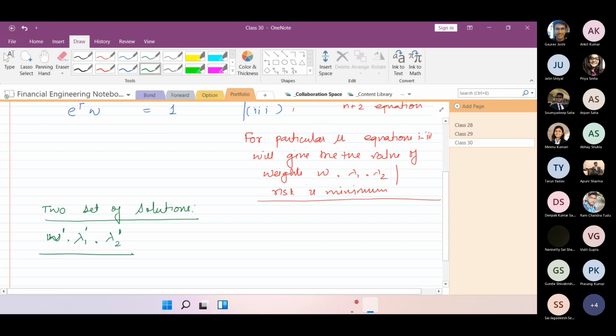So this is the first solution. So W1 will consist of W11 till W1n. Similarly, lambda 1 and lambda 2 will be scalars. This is my first solution. And similarly, I have another vector W2 and then a set of scalars for lambda 1 and lambda 2. This would be my second solution.